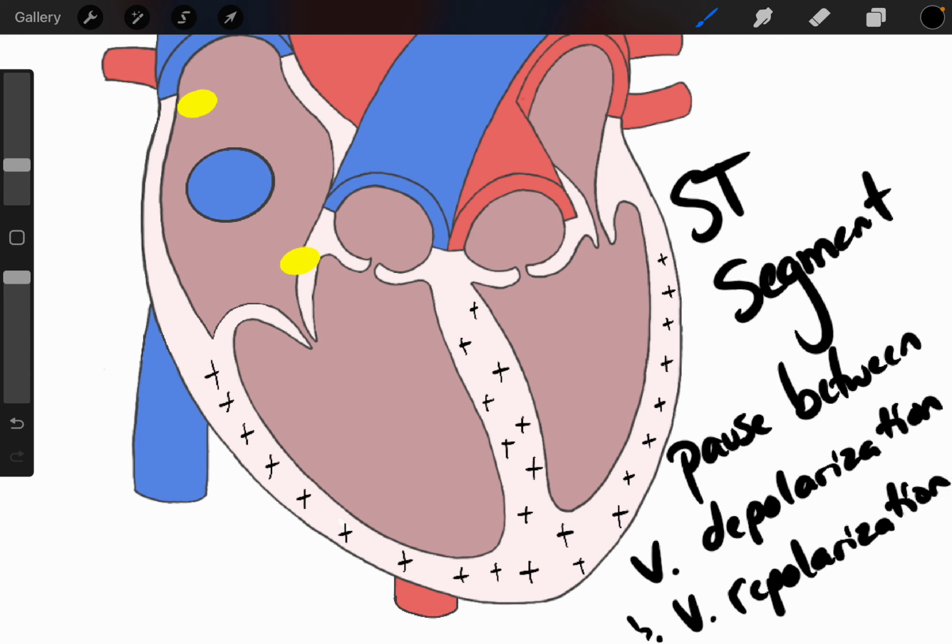There's a brief pause between ventricular depolarization and ventricular repolarization. That brief pause is shown on the EKG as this ST segment. So all the muscles around the ventricles have depolarized, meaning they're now more towards positive, and they've contracted.